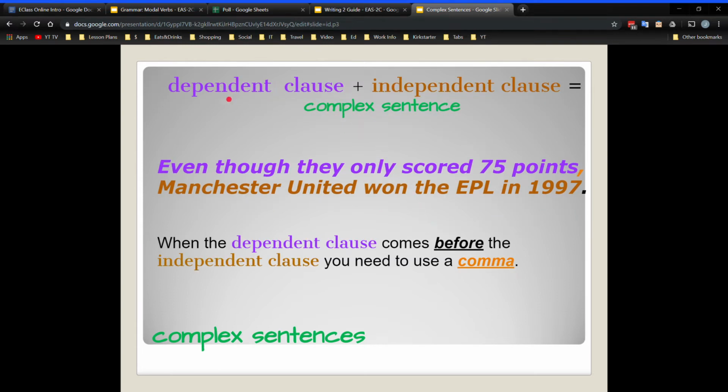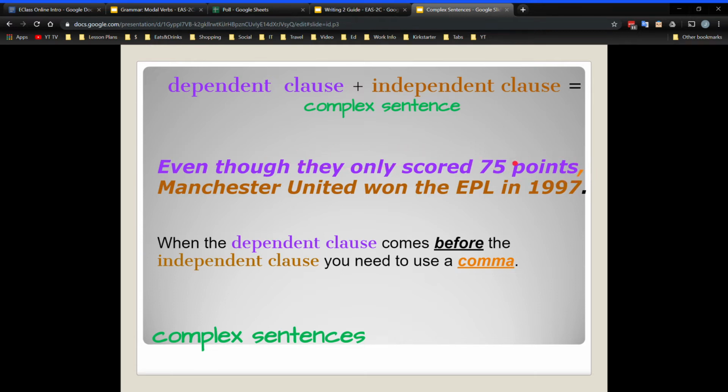Or we could alternatively start with the dependent clause first, like this: even though they only scored 75 points, comma, then we add the independent clause, Manchester United won the EPL in 1997. So one thing to note here is this comma.